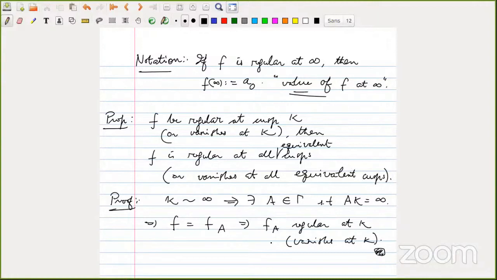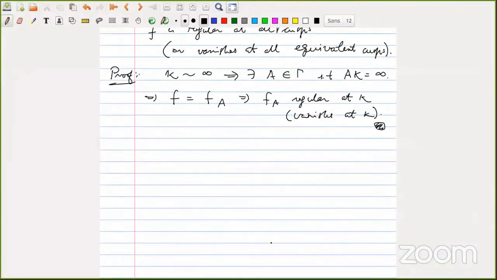Okay, so now let's go to examples. Examples.